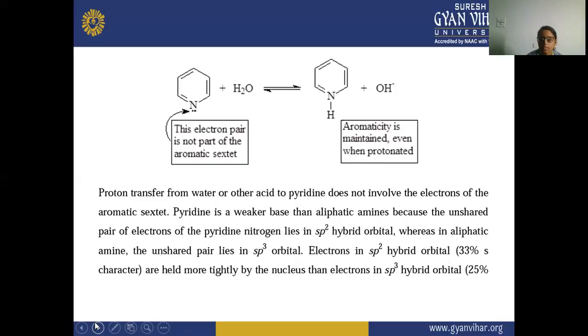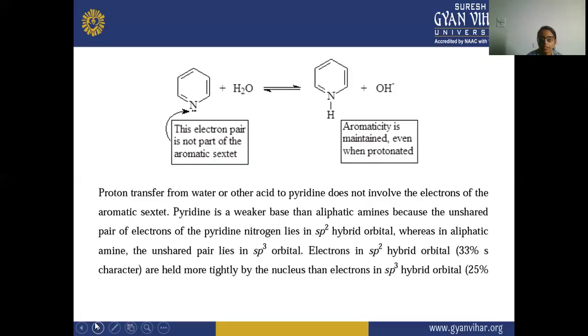Electrons in an sp2 hybrid orbital are held more tightly by the nucleus than electrons in an sp3 orbital.